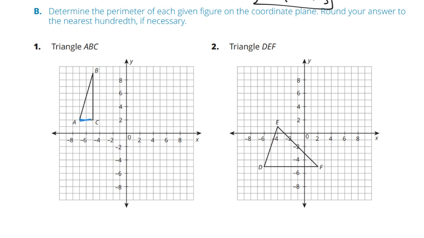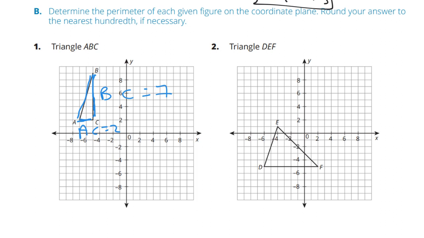So AC is equal to 2. BC is equal to 1, 2, 3, 4, 5, 6, 7. And then AB is the hard one, right? We don't know what that is.